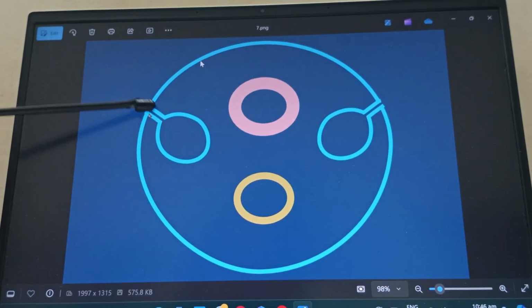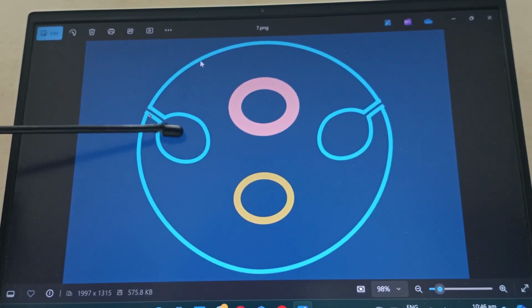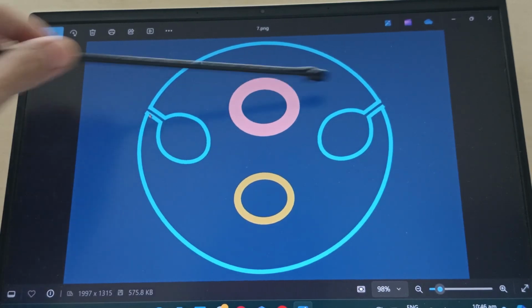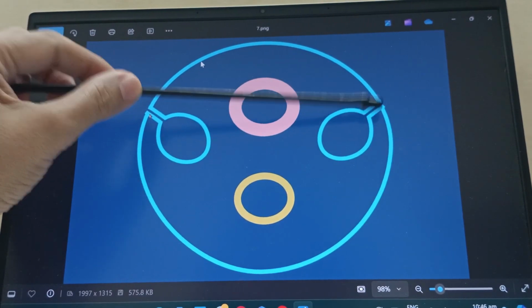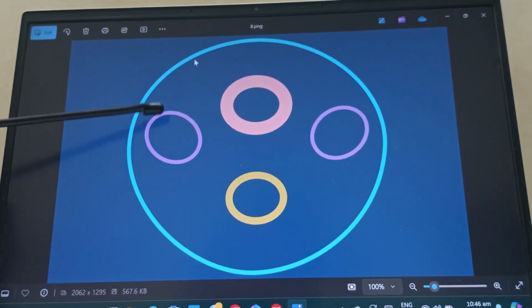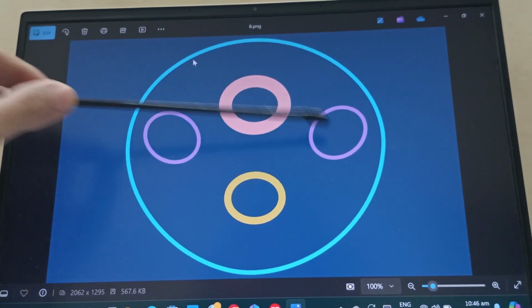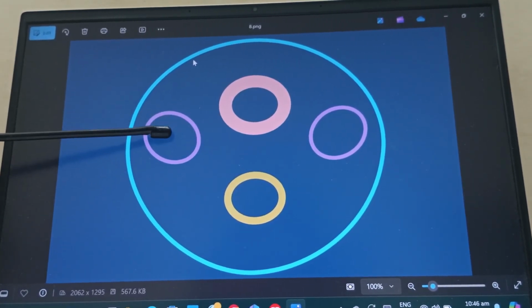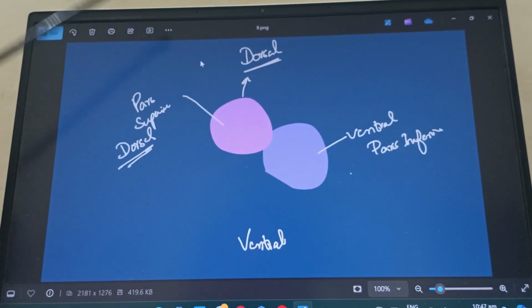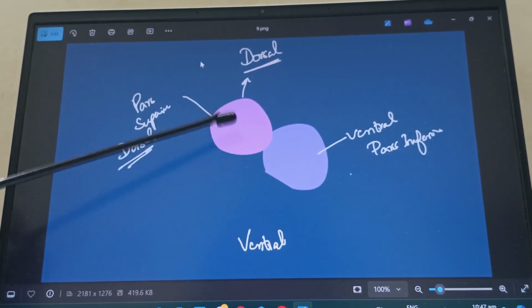Now we can see the invaginated otic vesicles still attached to the surface ectoderm through the otic stalk. Now here, though the color is changed, they are showing the formation of bilateral otic vesicles. Now see how it develops into an internal ear.